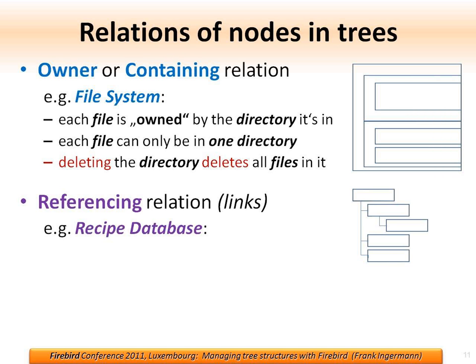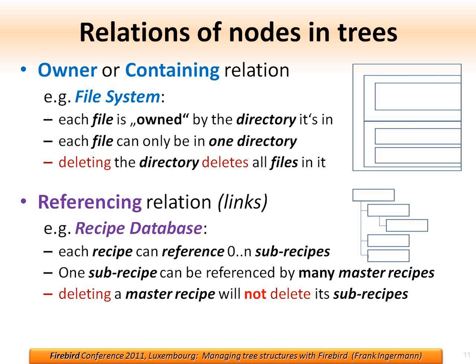Like what we have in our recipe databases, you have recipes and sub-recipes, and you have building blocks of recipes that you can piece together to form a bigger recipe. So you can have recipes referencing other recipes, sub-recipes.